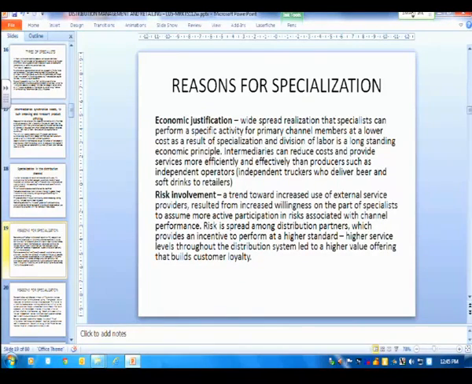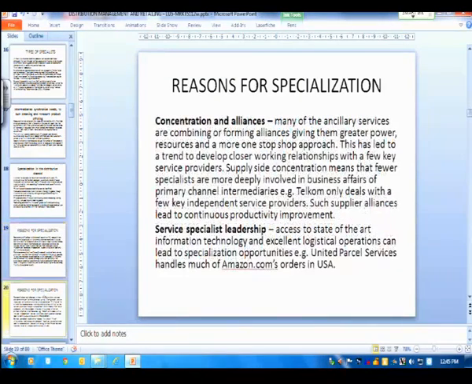Risk is spread among distribution partners, which provides an incentive to perform at a higher standard. Higher service levels throughout the distribution system lead to a higher value offering that builds customer loyalty.